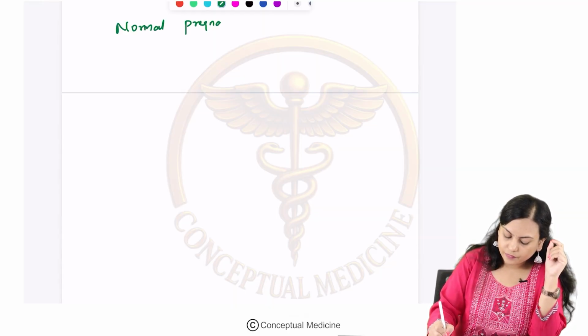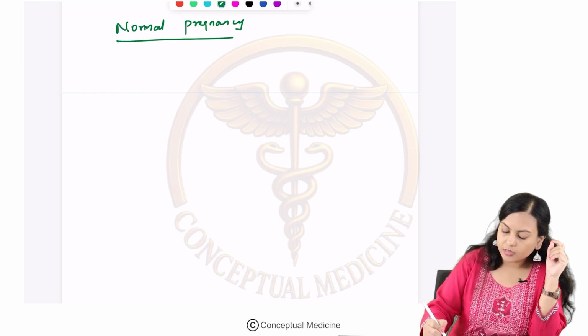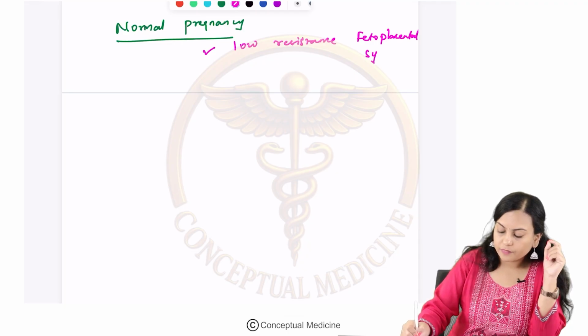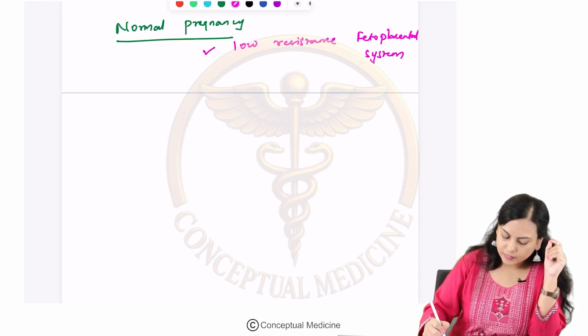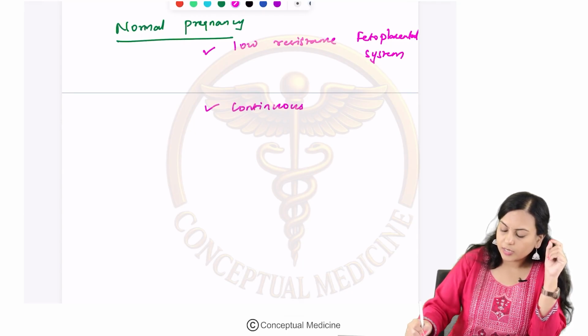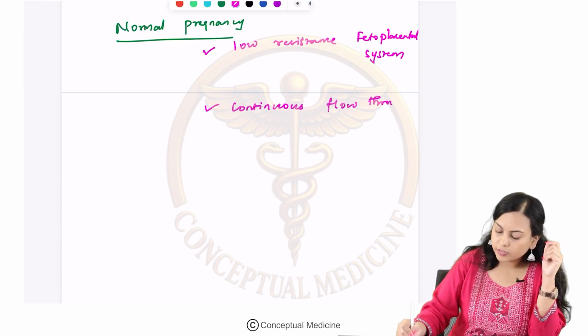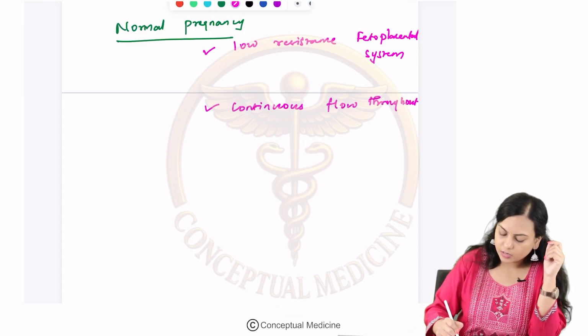Now, see here, you have to understand the fact that in normal pregnancy, there is usually a low resistance feto-placental system, and there is continuous flow of blood throughout the cardiac cycle.